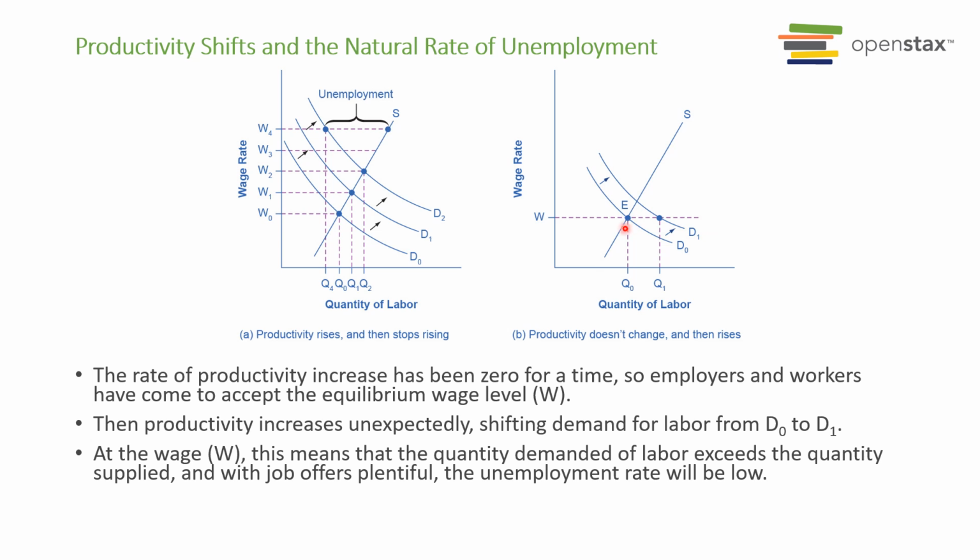Then all of a sudden we get this rightward shift of the demand curve because there's a new technological discovery that's going to once again cause this shortage of labor, and then we're going to get a decrease in the unemployment rate. So we can get these increases in unemployment that come as a result of the wake of productivity rises, and then we can get the unemployment rate falling as a result of, again, the productivity rises happening after some time.